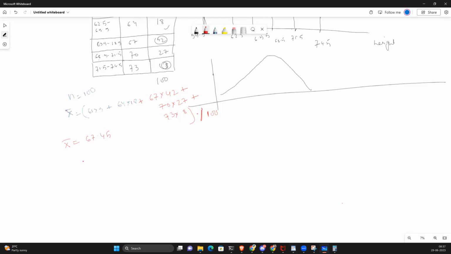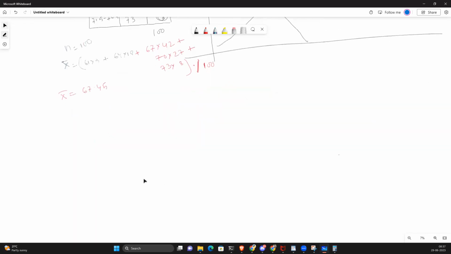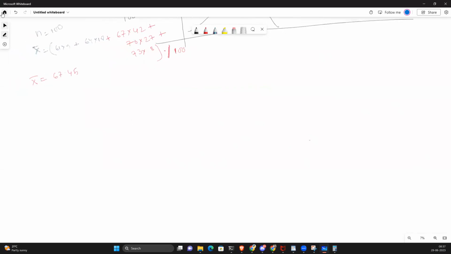67.45. Now with the mean we have, we can compute the skewness, right? Yes or no? We have the mean, we have the numbers, we can compute the skewness. Let me calculate the skewness now, and bear with me.